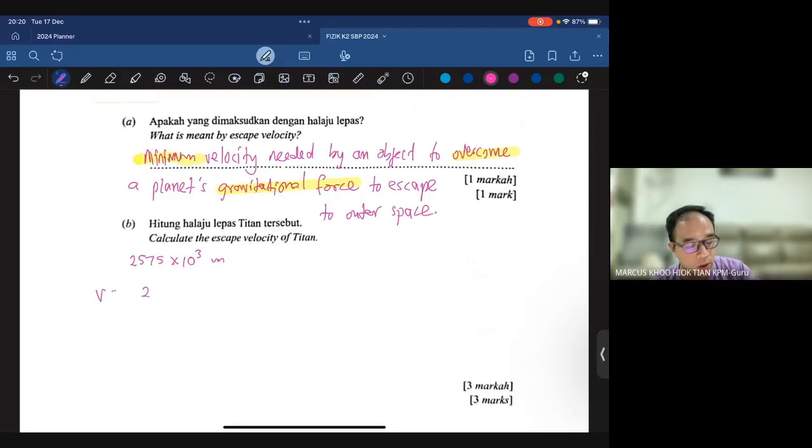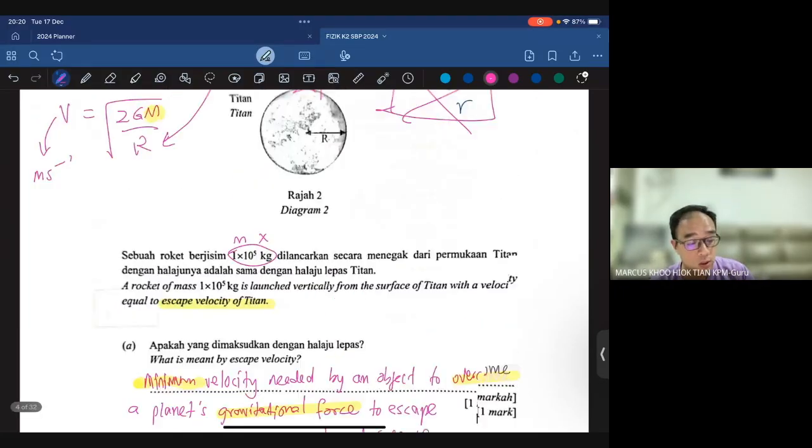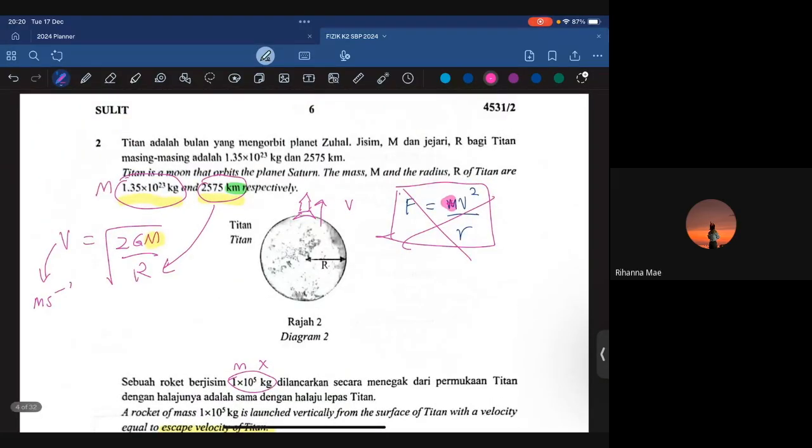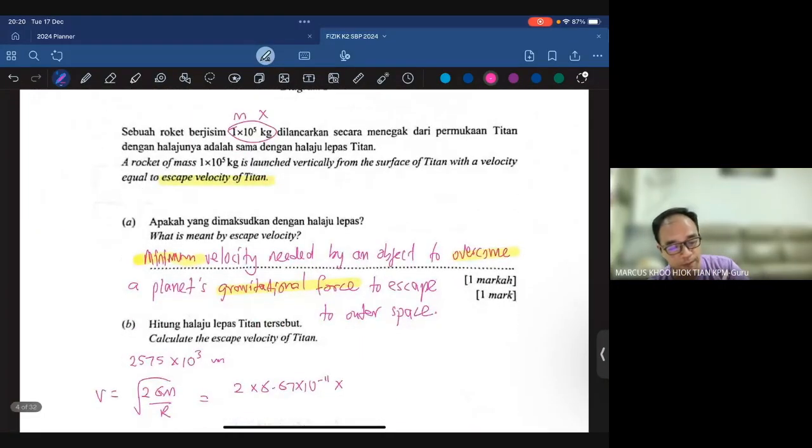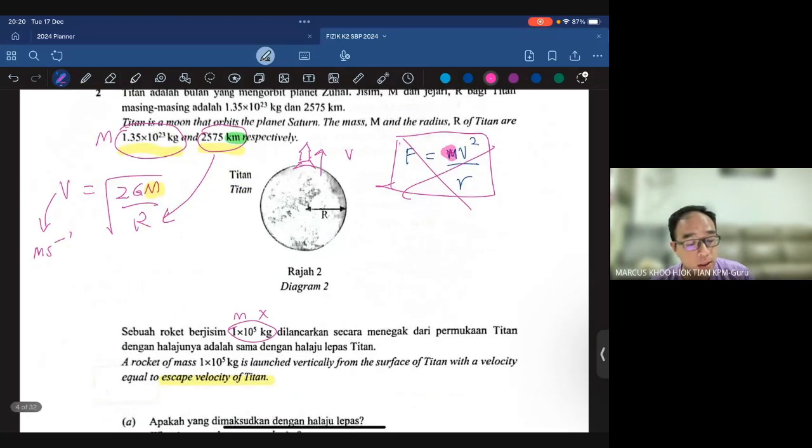So V equals square root of 2GM over R, which will give you 2 times 6.67 times 10 to the power of negative 11, I think, times the mass, which is 1.35 times 10 to the power of 23, over the R, which is 2575.